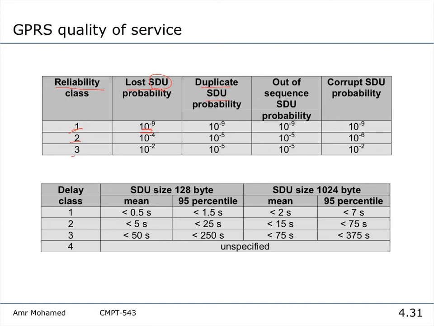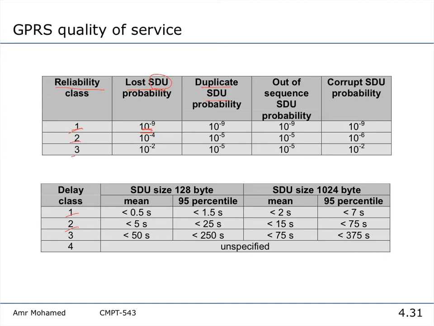Same thing for delay. Delay is measured end-to-end, I mean between the mobile station and the PTS, only on this air interface. Okay, the standard also defines 4 classes for delay. You don't have to memorize all these classes.